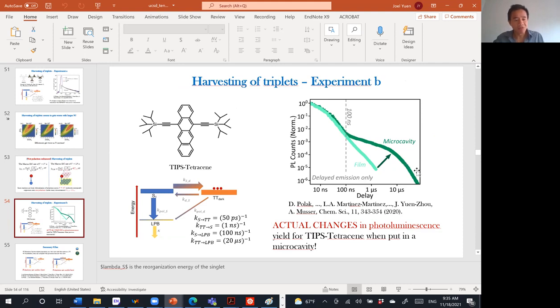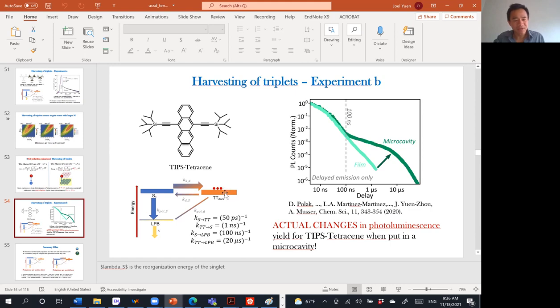And we did a simple model for them. What we realized is that despite the rate going from this dark manifold to the lower polariton branch directly being extremely slow, 20 microseconds, so it's a bit faster than the previous one, the kinetics matter, because the population is trapped so efficiently in this process, since there's a very fast rate of conversion of singlet to triplet.